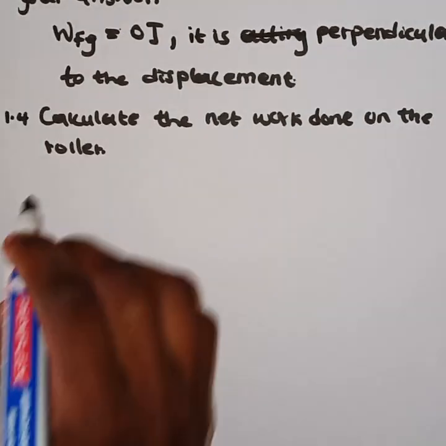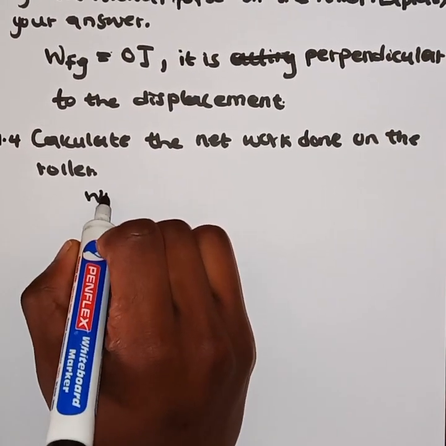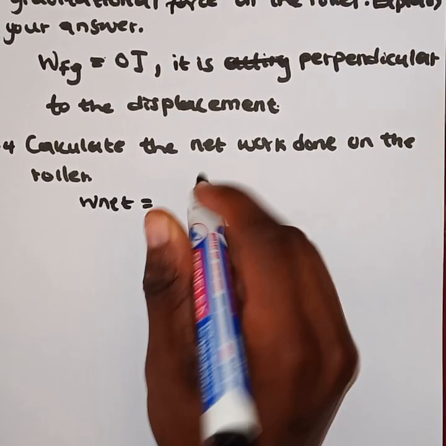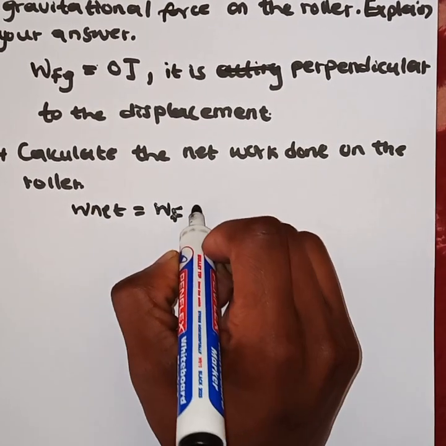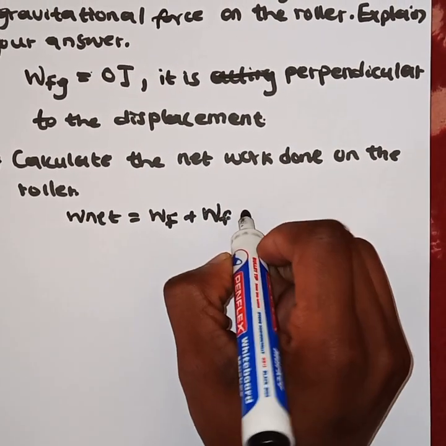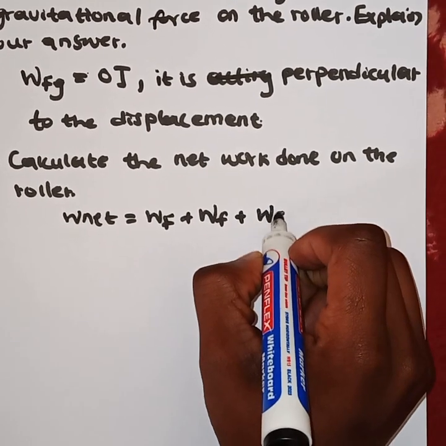So we can just write work net is equal to the sum of those acting: the applied force, the friction, and the gravitational force.